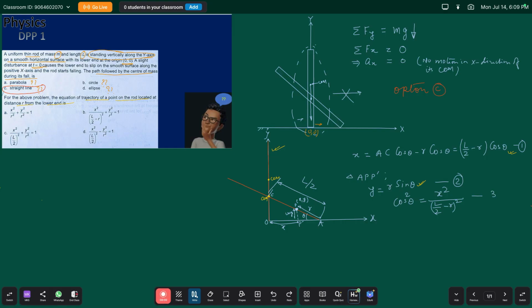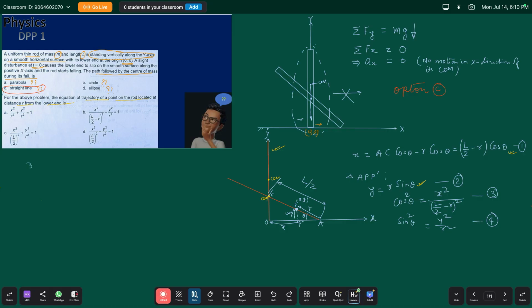This is equation 3. Similarly, sin theta will be y by r, and we square it. So this is equation 4.